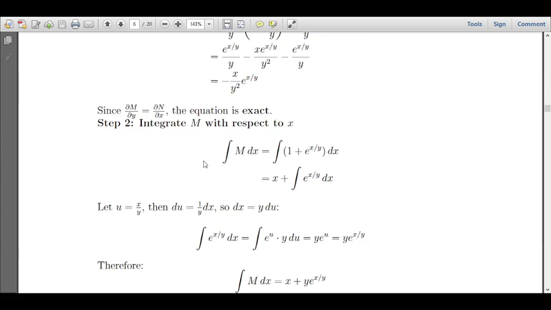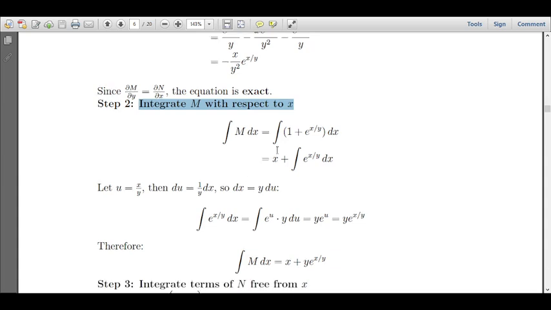Now to find the general solution, first integrate m with respect to x, treating y constant. So this is integral 1 plus e power x by y dx, and integral 1 dx is x plus integration of e power x by y.